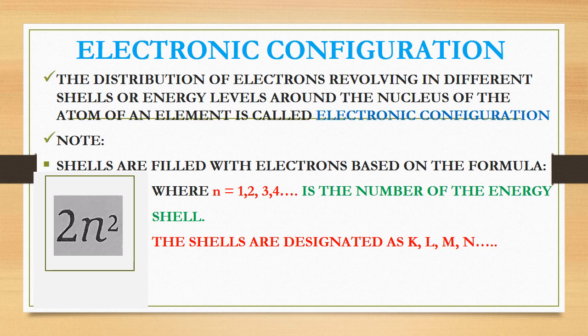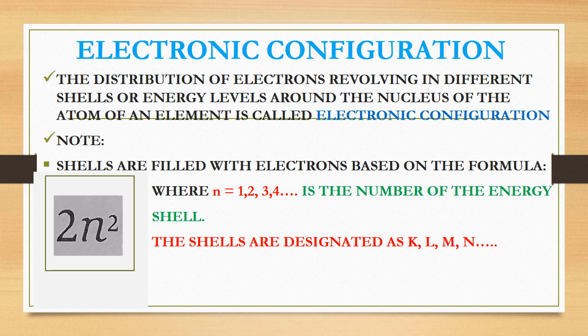And it also designates the number of the energy cell. If it is 1, that is the cell which is nearest to the nucleus, and 2 is just beyond the first cell, and as it increases, the number will also increase.